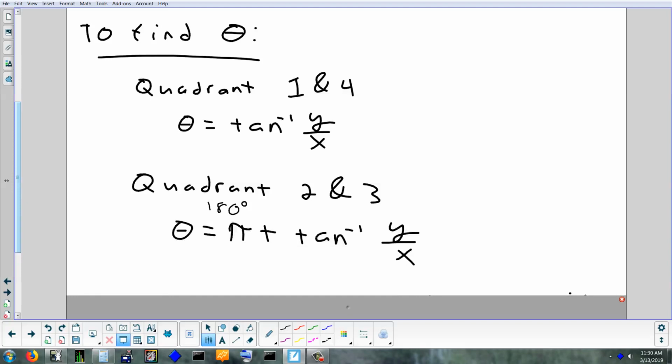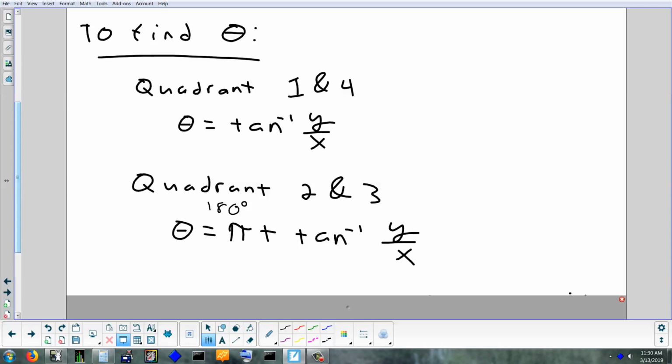This is why. Because if you want to convert it to trig form, the formula that you use for the angle depends on the quadrant you're in. Quadrants 1 and 4, just the straight inverse tangent y over x. Quadrants 2 and 3, it's 180 plus inverse tangent y over x. Or if you're doing radians, pi.